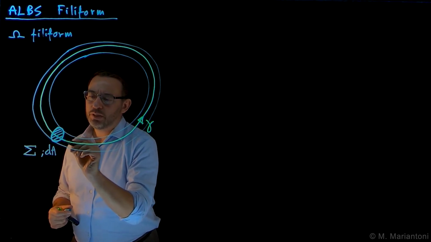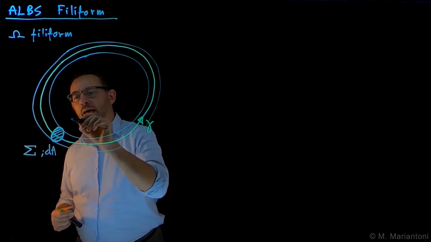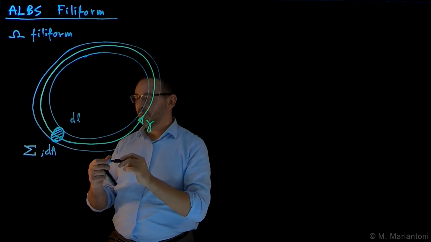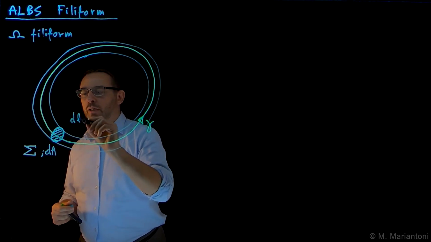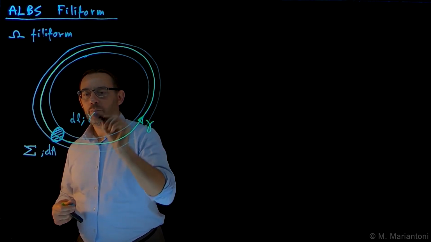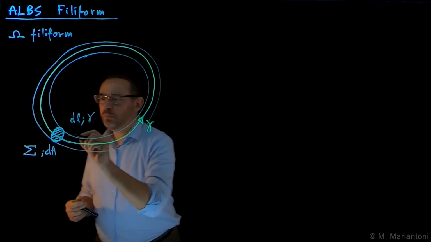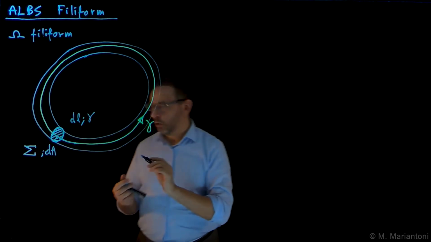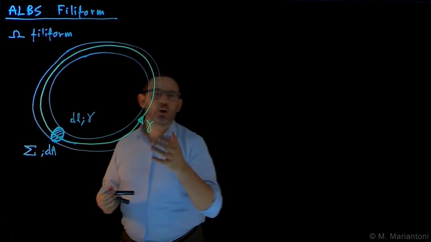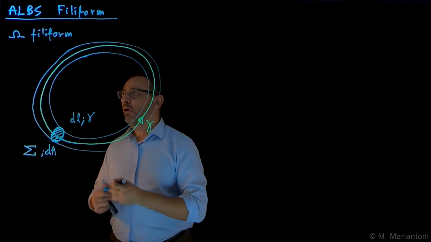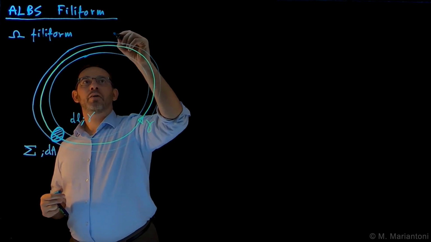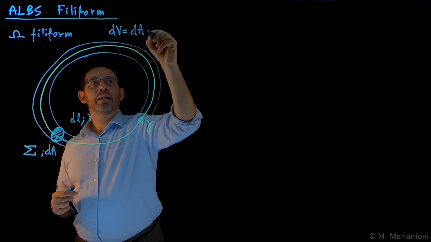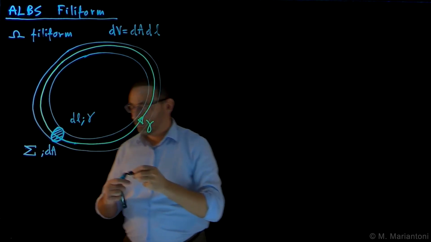Similarly, if we consider an element of length dl over gamma, from this point to this point, this is dl. So eventually this makes up a volume dV, which we can write as dA times dl.